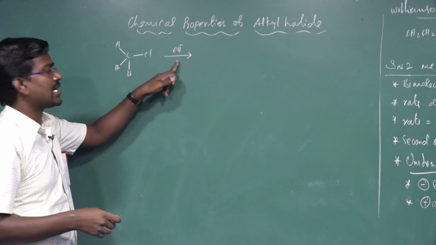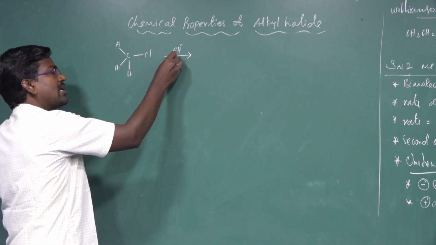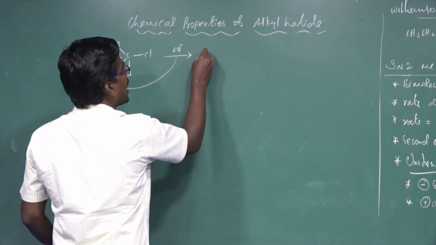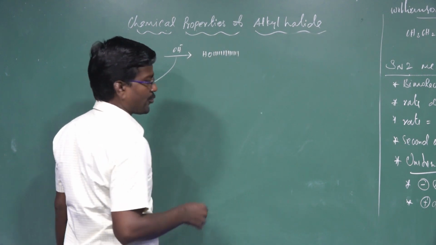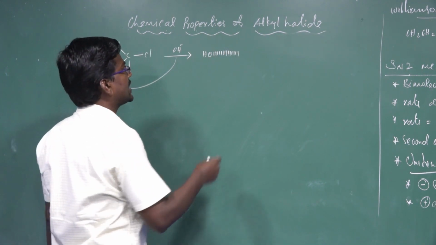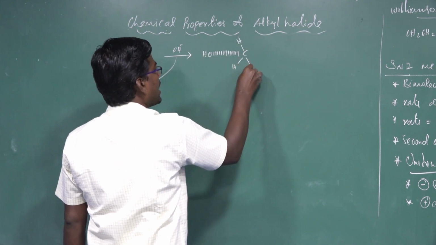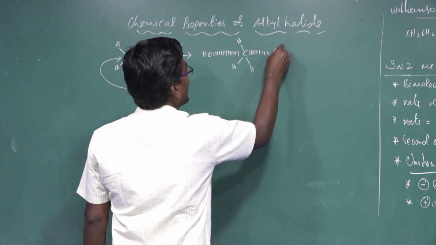The OH minus ion does not attack the front side of the chlorine atom. The OH minus ion always attacks on the back side of the chlorine atom to form HO, with attractive forces, intermolecular force of attraction, with the center carbon atom, hydrogen, and then attractive forces with the halogen atom.